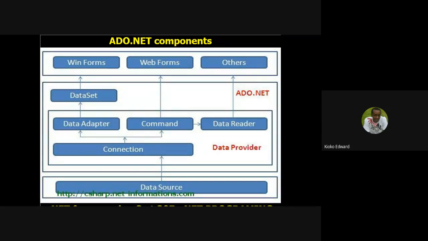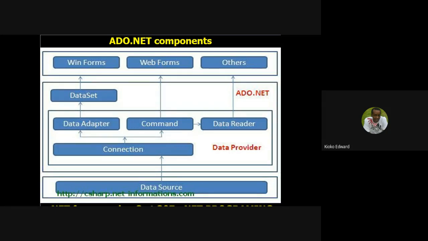So this is an extended view of how the ADO.NET components look. As I've already said, you can do a Windows form application, a web form application, and we can also do other kinds of applications. And for all of these, the data provider, we said, is going to expose 4 main objects: the adapter, the command, the data reader, and the connection.